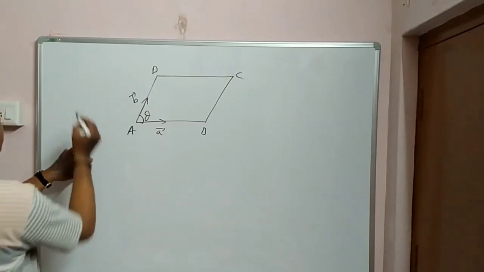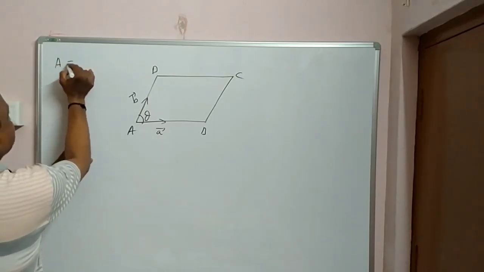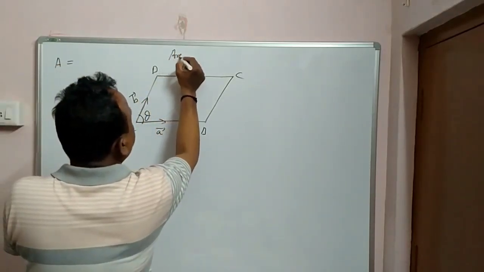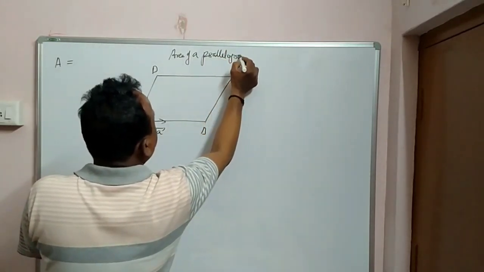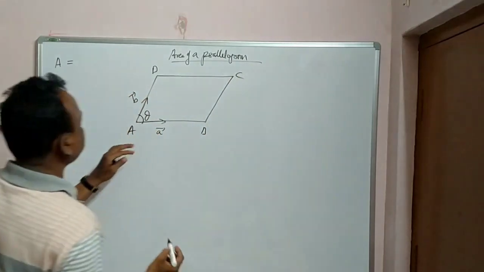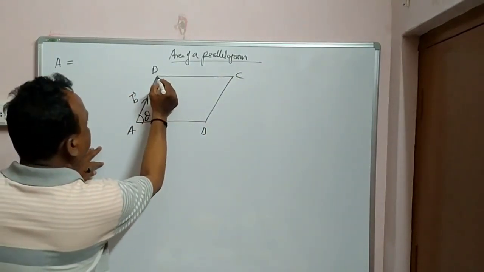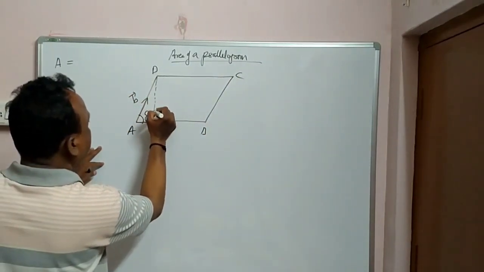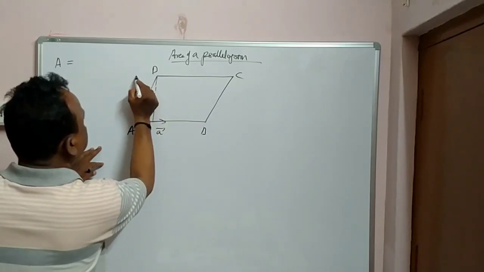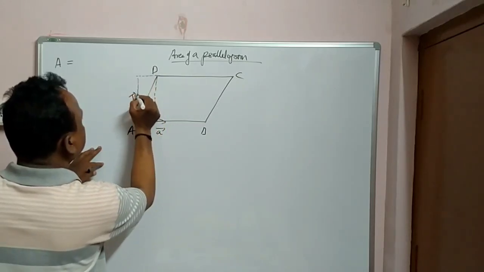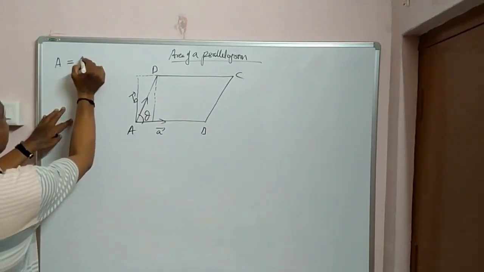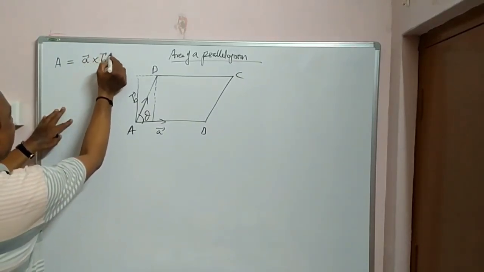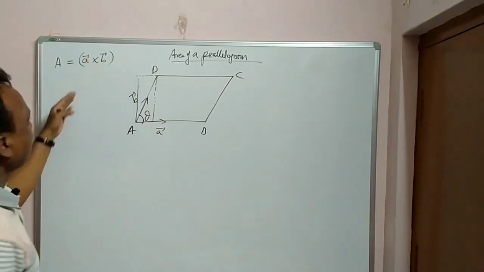Now how to get the area here? I will extend this one like this. So simply, the area of the parallelogram I can write directly as A cross B. What is A cross B?